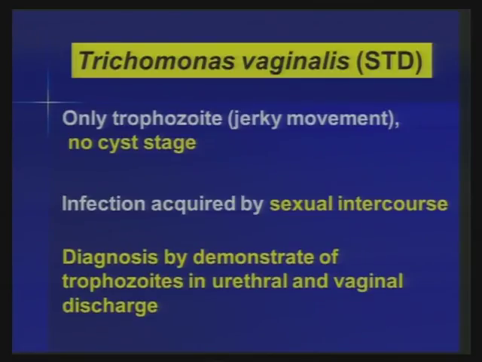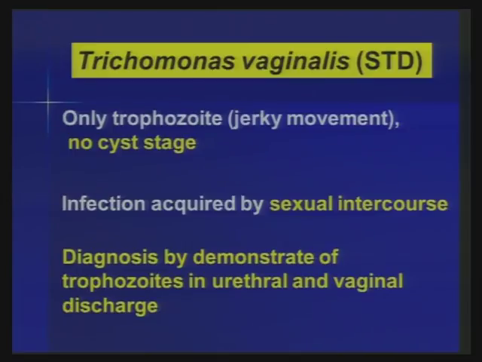We're going to see it tomorrow by simple smear, because we'll have a fresh preparation of Trichomonas. So you can look for the jerky movement of the trophozoite of Trichomonas vaginalis. And of course, this is an STD, so the infection is acquired by sexual intercourse.